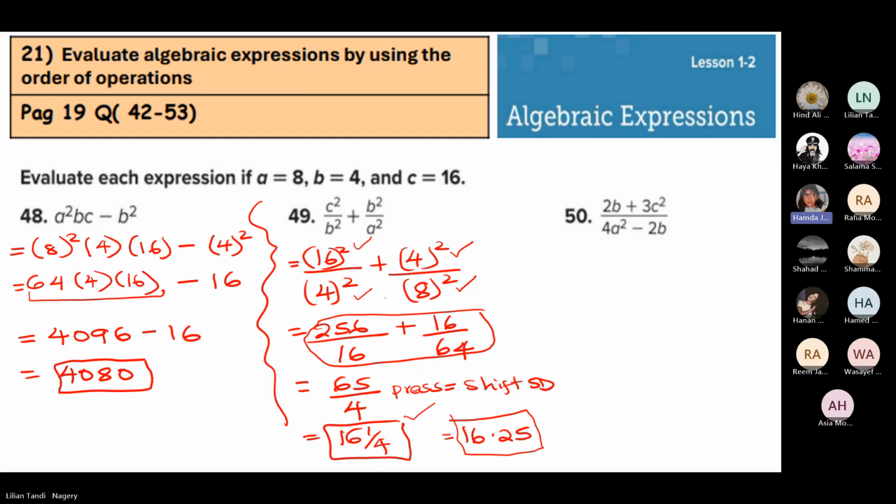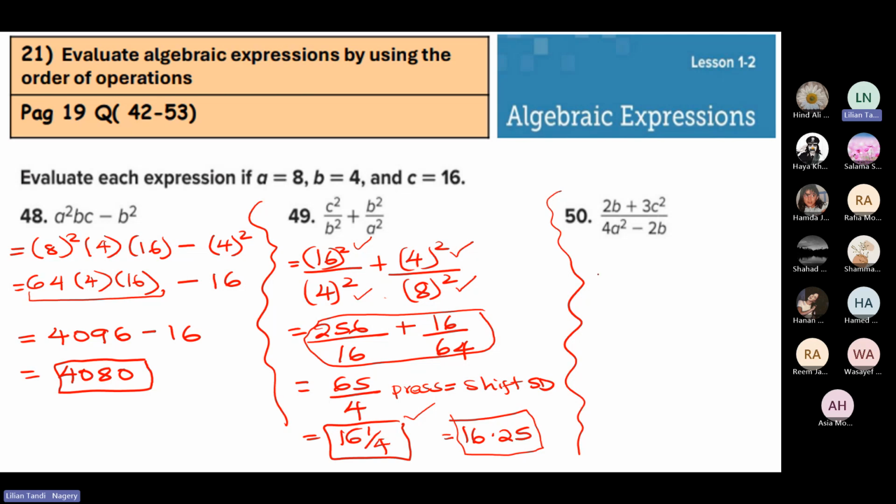No, in the multiple choice, the answers will be one way, either fractions or decimals. Okay, in the writing exam, how do I know which one to write? You should write everything. Okay.